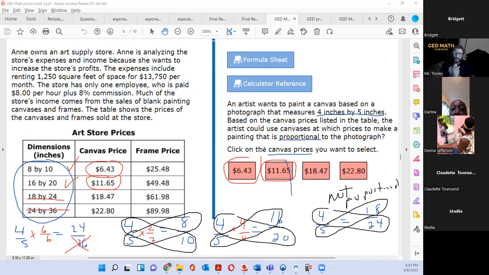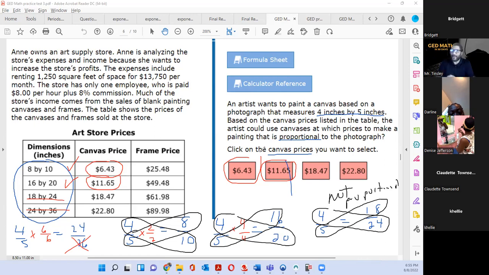Okay, equivalent fractions, unit rate, or cross multiplication. Those are the 3 ways you should know how to solve a proportion. This problem looks difficult. They gave you a paragraph, they gave you a table, they gave you this big long question. This is not hard at all. You just have to know how to set up the proportion: 2 ratios set equal to each other.